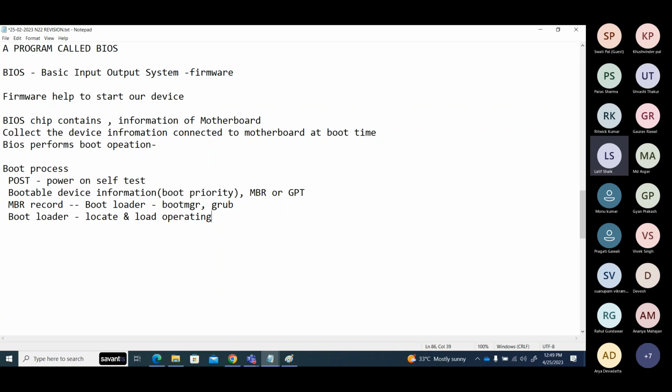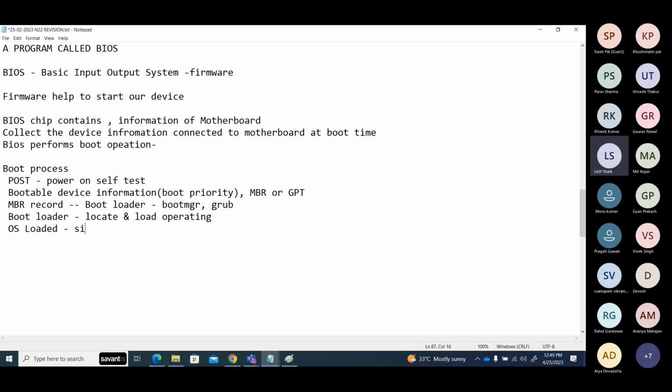It will tell you where your operating system is. Of course, Windows is in the C drive only. Which folder has the operating system, and which mode of the operating system has to be loaded, that bootloader will tell you. So the operating system is loaded.